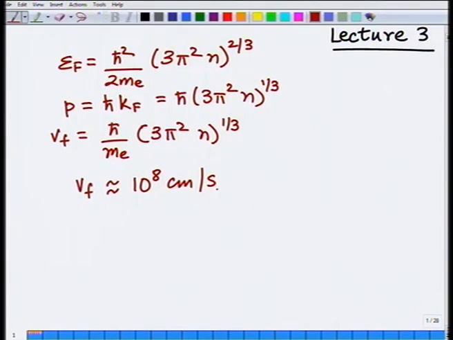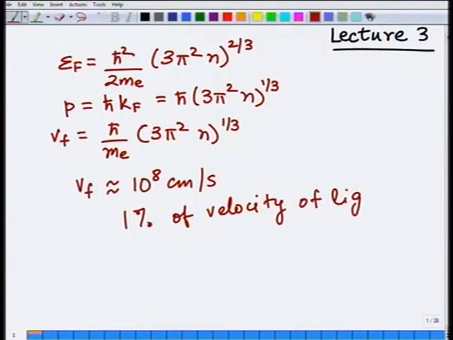That is the kind of velocity which you have, which means that you are at about 1% of the velocity of light. Remember, in Drude's theory, the velocity of the electrons that were conducting turned out to be 10 to power 7 centimeters per second. So, that is the difference we have gained in free electron theory. That is what the free electron theory is saying so far.